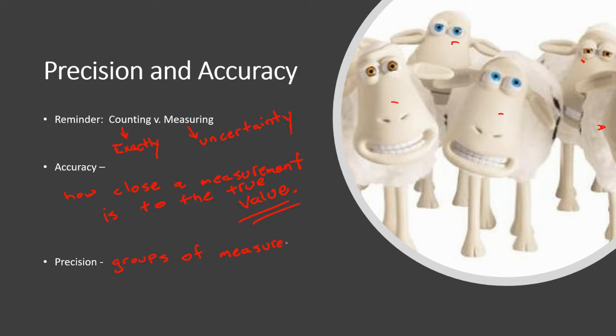Instead, when we talk about precision of measurement, we're talking about repeatability, or really how close are those measurements to each other? If you have a group of measurements that are close to each other, they're precise, even if they're not necessarily accurate or close to the true value.